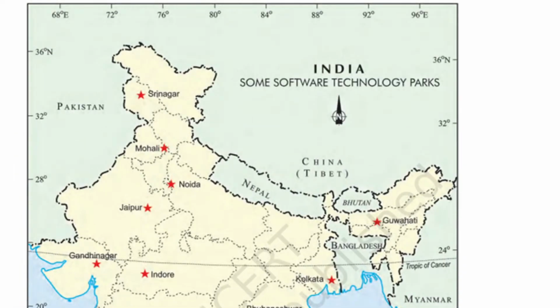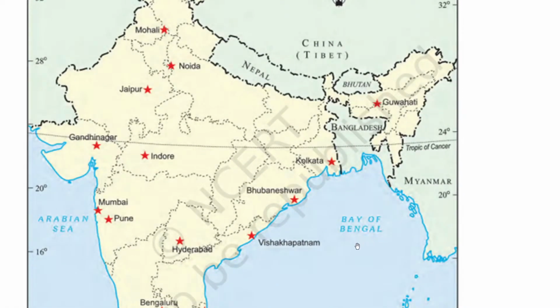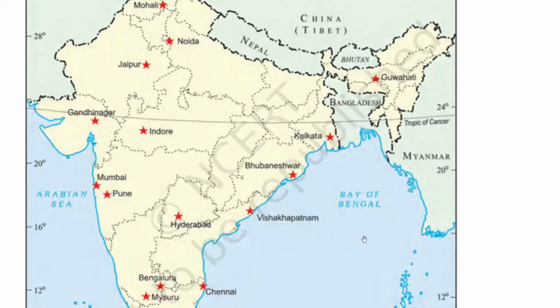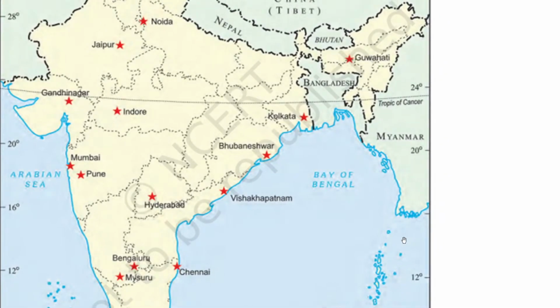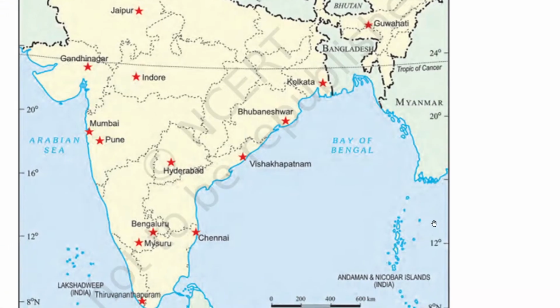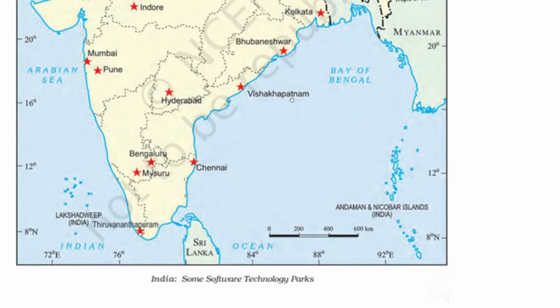The Srinagar, Mohali, Noida, Jaipur, Gandhinagar, Indore, Mumbai, Pune, then here Calcutta, Bhubaneswar, Vishakhapatnam, Hyderabad, Bangalore, Mysuru, Chennai, and Thiruvananthapuram. So these are some software technology parks.